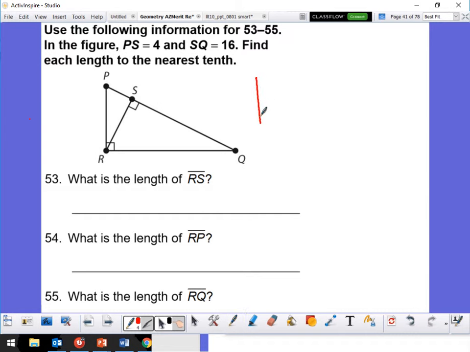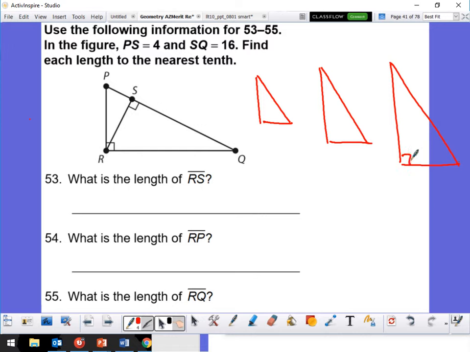There's one, there's my small, there's my medium, and large. They all are similar and they all have a right angle right there. So let's start with the small. What is this point right here going to be in the small?